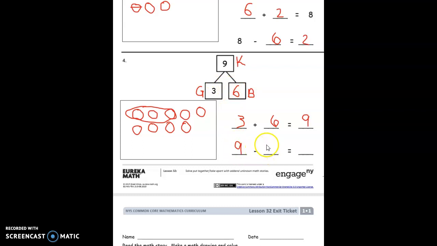If 3 of them are girls, how many boys are left over? Look at our notes. It says 6. We could have counted our circles again, but instead we looked back at our notes so we didn't have to count and take up more time.